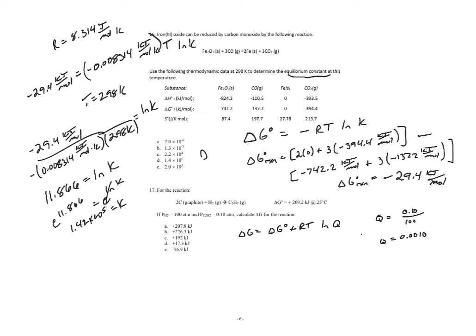or 0.0010. Now all we have to do is plug in the value of delta G standard and the temperature of 298 Kelvin. So delta G is equal to positive 209.2 kilojoules plus my R, which, as we mentioned in the previous problem, needs to be in kilojoules per mole Kelvin.